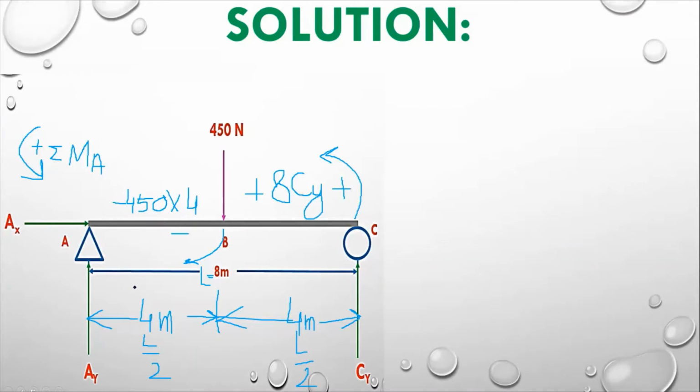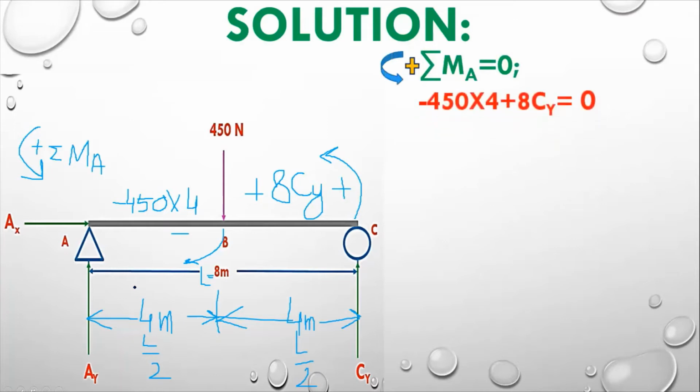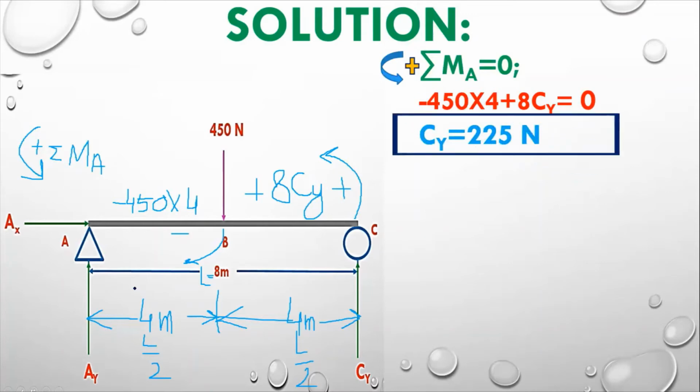So when we sum moments at A, the equation is minus 450 into 4, what I wrote on the beam, plus 8CY equals 0. So the answer will be CY equals 225 Newton. This is the way to calculate the value of CY or AY.